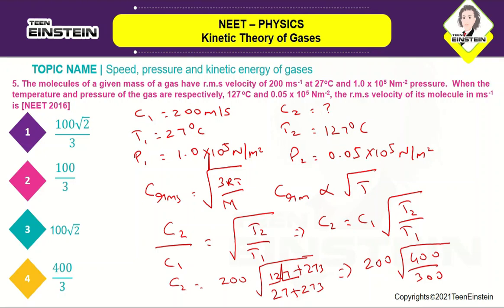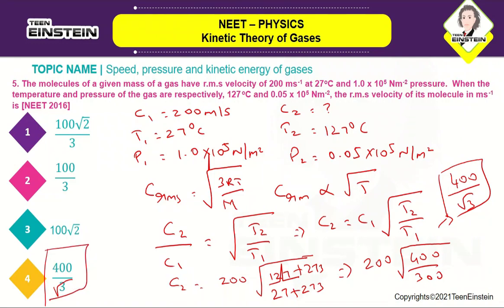When you solve this, you will be getting the answer as 400 by root 3. So the correct answer is option number 4.